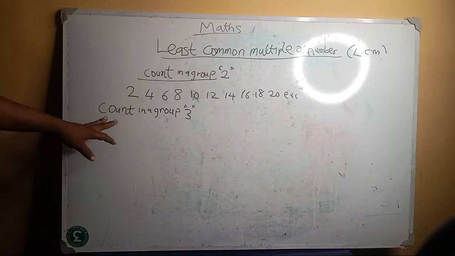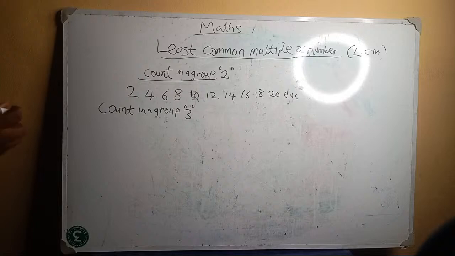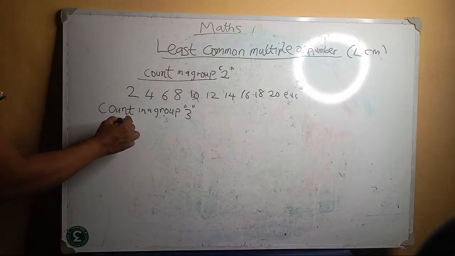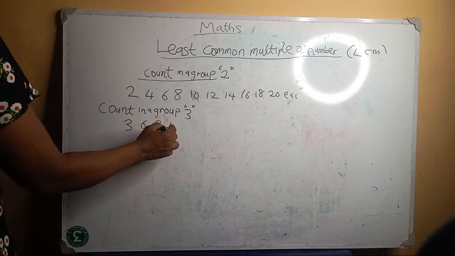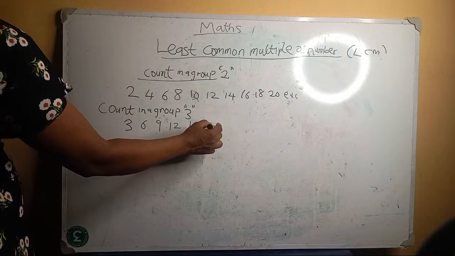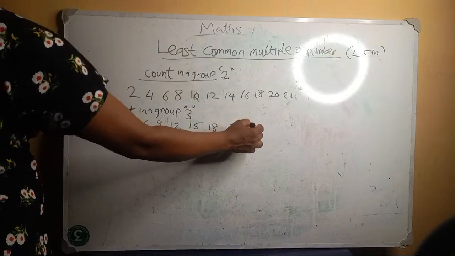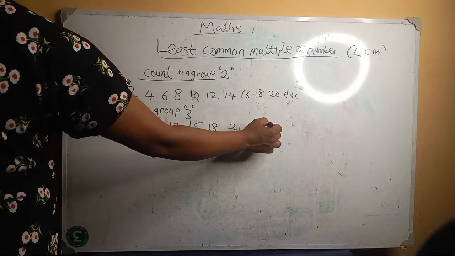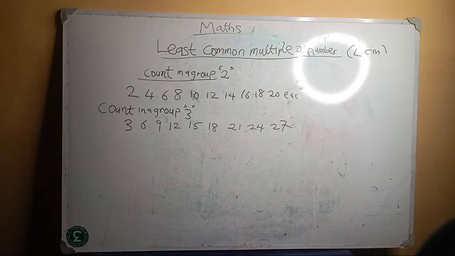Then when I ask you to count in a group of three, it means you're supposed to count 3, 6, 9, 12, 15, 18, 21, 24, 27, and so on and so forth.